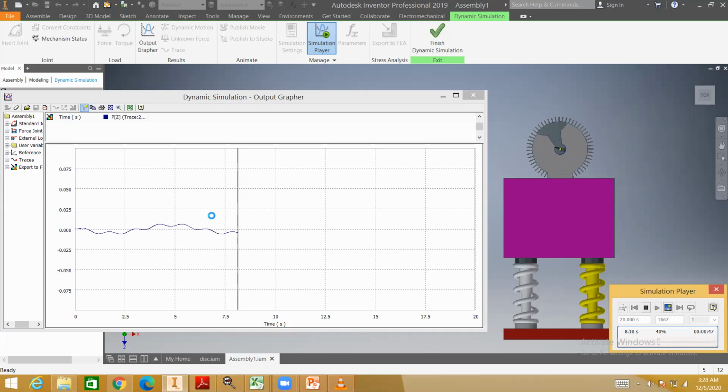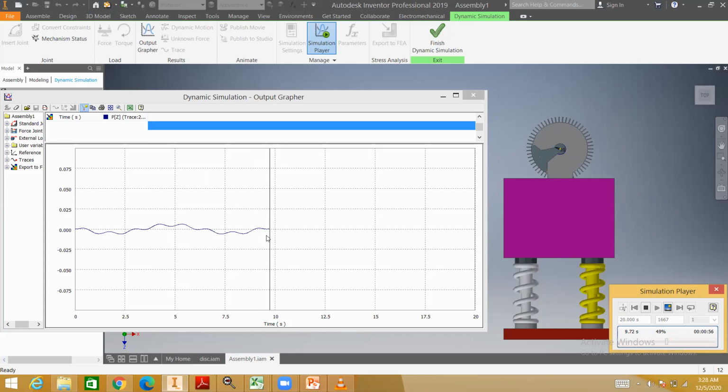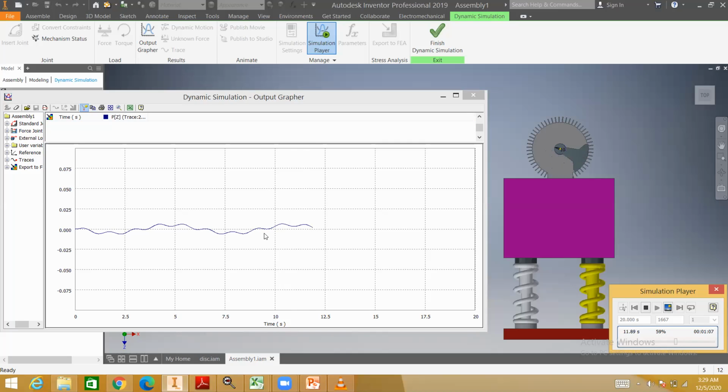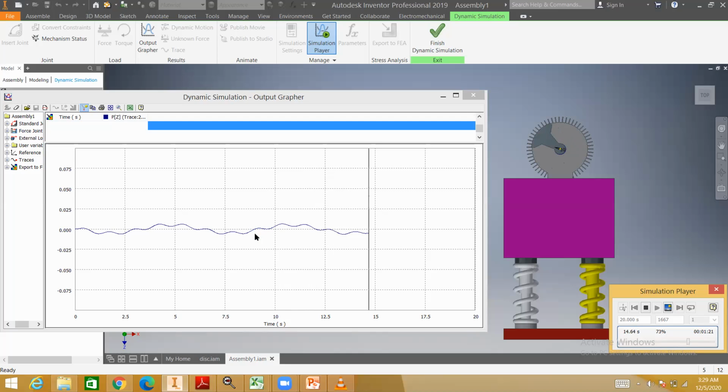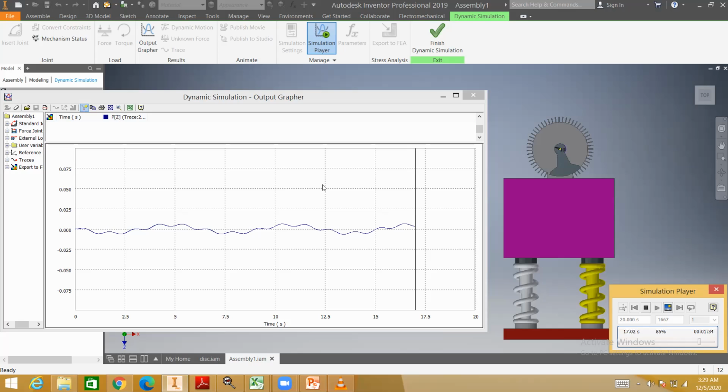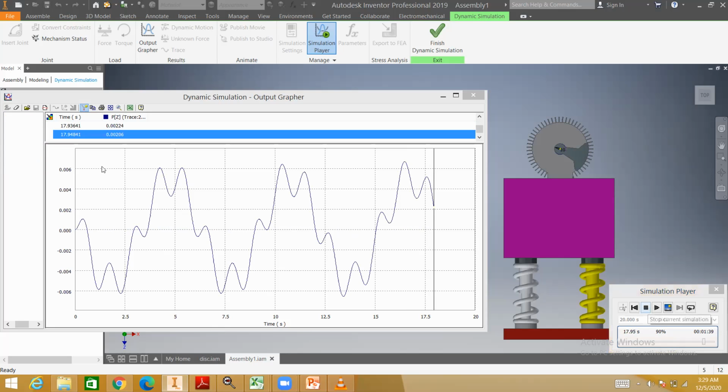So here you can see the displacement. So this is the displacement.